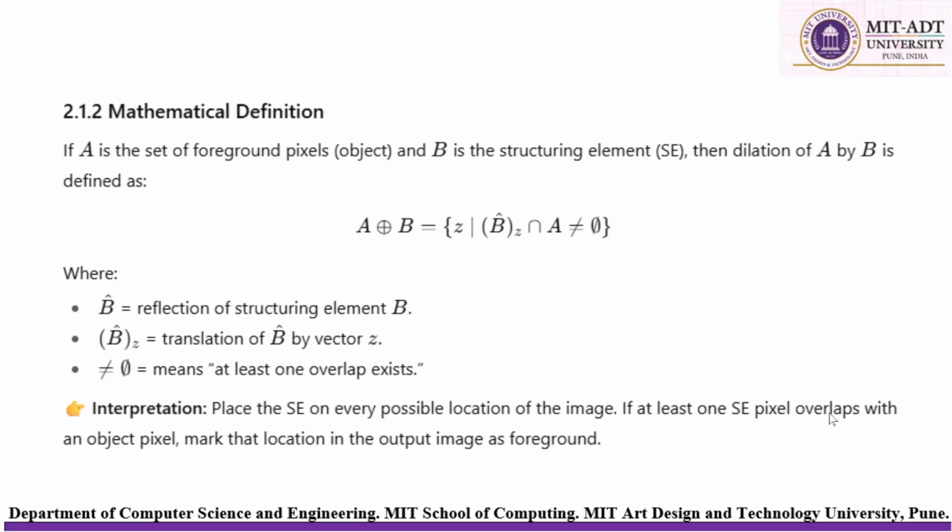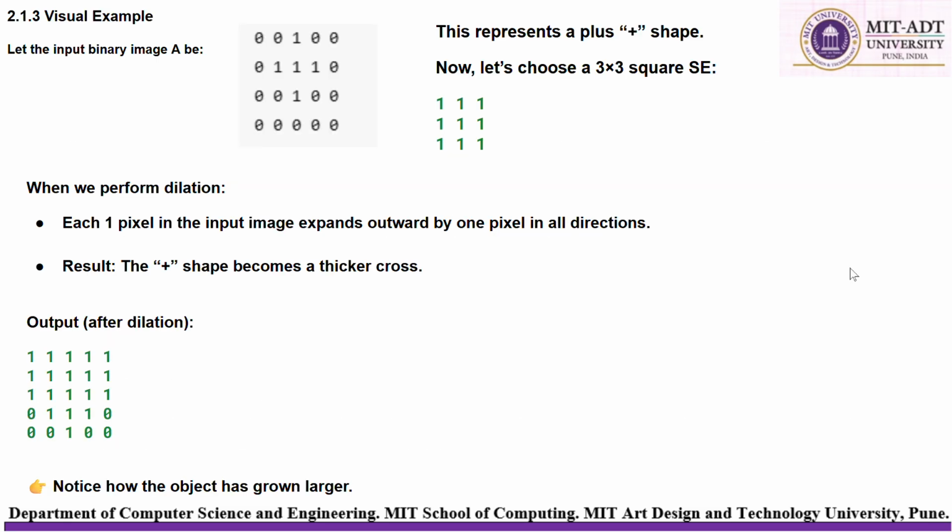So only the overlapped regions of the structuring element with the pixel positions are marked in the output image as foreground. I hope this is understood. We will see the solved examples also, then the concepts will be clearer.